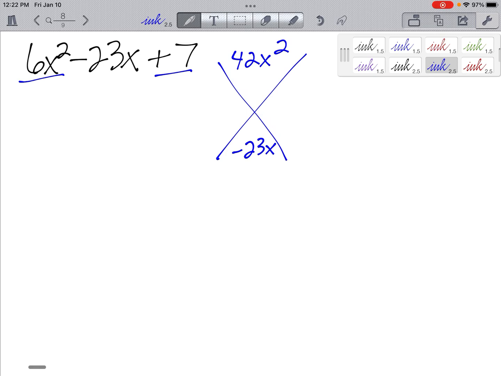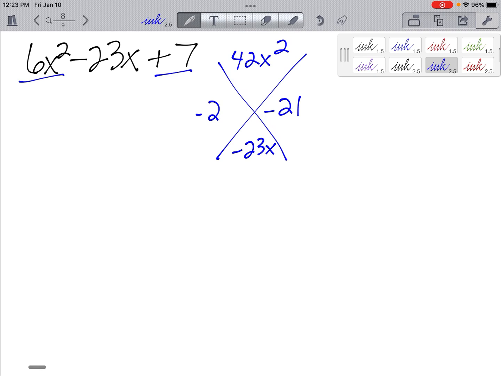You can go ahead and put this into your calculator, do the y equals and do 42 divided by x. And then in the y2, you're going to put the 42 divided by x plus x. I know that the factors are negative 2 and negative 21, but please use the calculator if you need it.